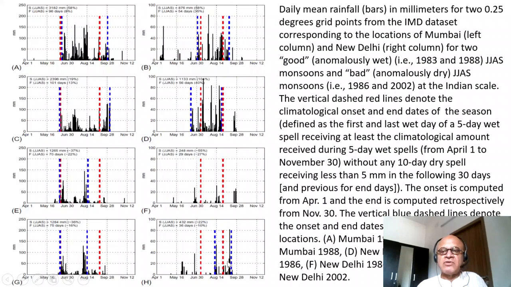Mumbai is a coastal city with a lot of rain. New Delhi is right in the middle of the subcontinent and doesn't get as much rain. And there are some details about eliminating dry days where there is no rain above 5 millimeters for 10 days and so on and so forth.